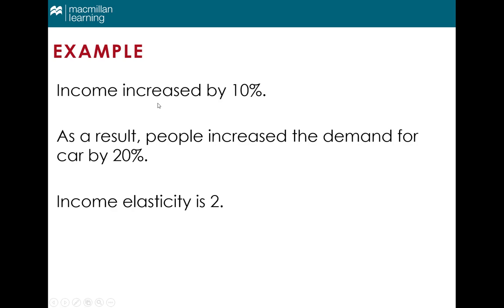Say there was an income increase for consumers by 10%. As people get richer, people will increase the demand for car, let's say by 20%. In this case, the income elasticity is 2 because 20% is divided by 10%.